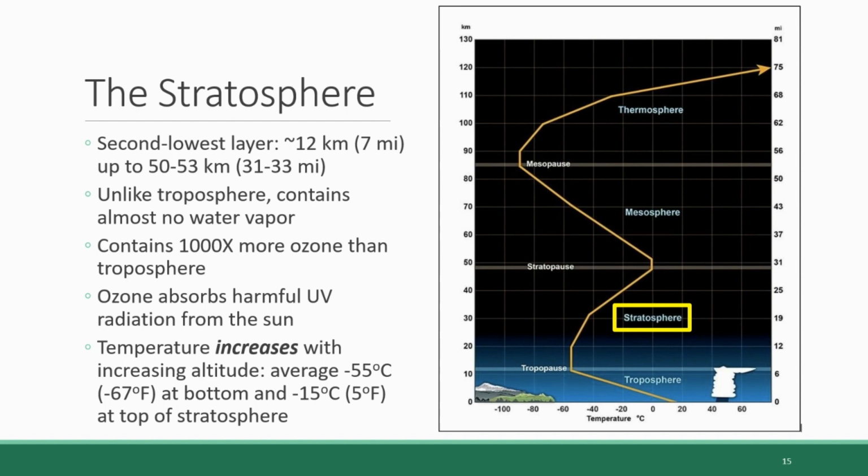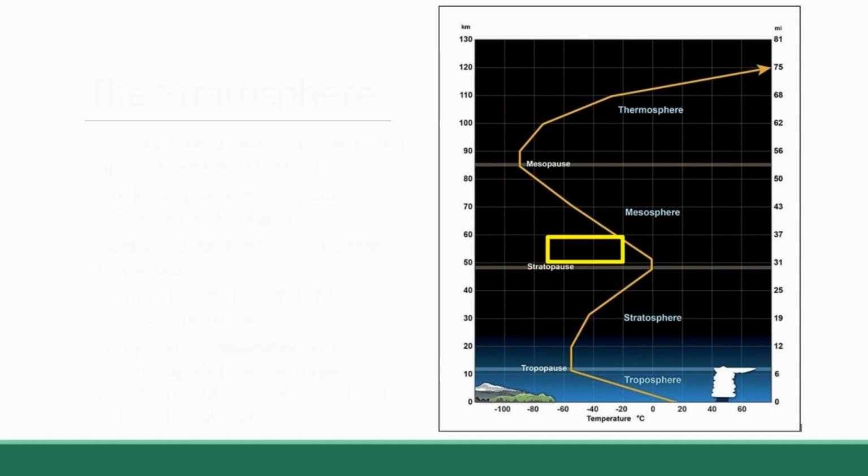And so, unlike the troposphere, you don't get this occurrence of convection cells of circulating air where the hot air is rising and the cold air is sinking, because the hot air is already at the top. It has nowhere else to go. And so, this means that within the stratosphere, the air is relatively calm and doesn't experience very much mixing and swirling.